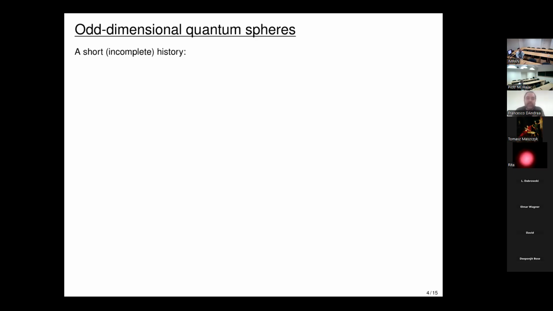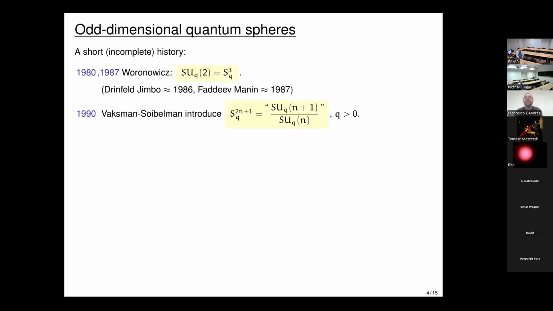So I say quantum sphere, but I should be more precise about what I mean. I mean those coming from Q deformations. Let me give you some reference to recall where these things come from. In general, these quantum spheres were introduced in the 90s by Vaksman and Soibelman as quotients in some sense.